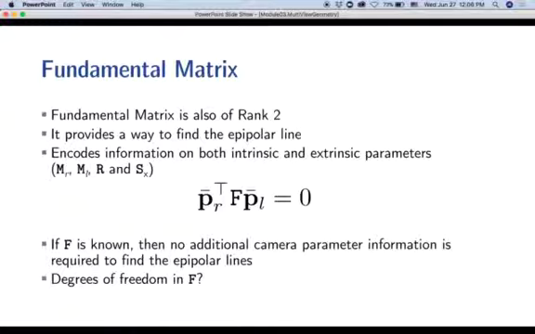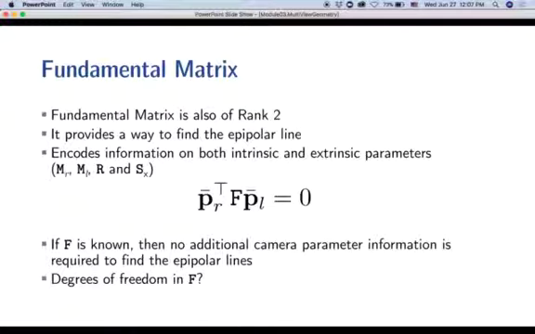The essential matrix encoded only information on camera extrinsics, but the fundamental matrix encodes information on both extrinsic and intrinsic parameters, because there are two matrices multiplied on either side of the essential matrix which contain the intrinsic parameters of the left and the right camera. Now, if F is known, then no additional camera parameter information is required to find the epipolar lines.